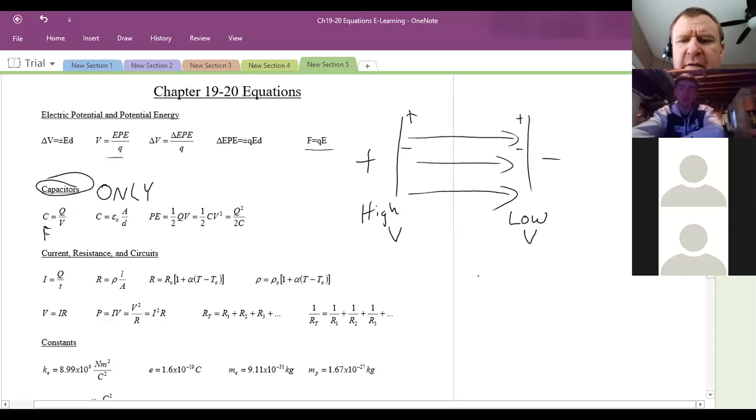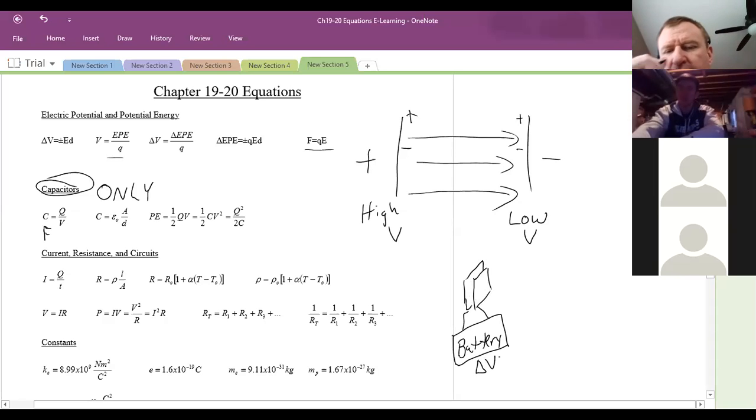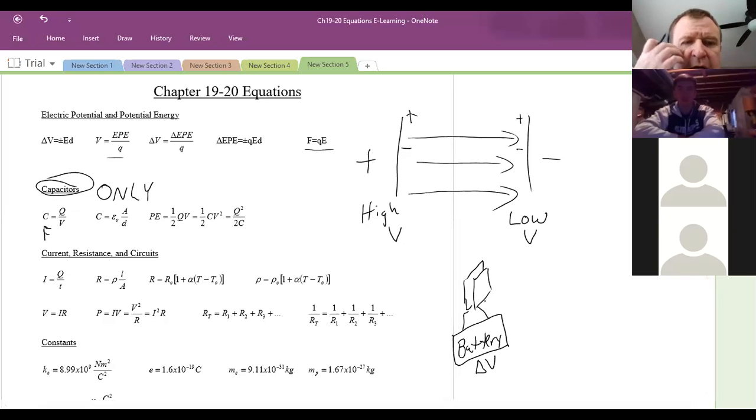If I can draw 2 parallel plates. When you charge these up, meaning you hook up a battery, which gives a potential difference across these plates, it's going to pull electrons off of one and onto the other. And then when we release them, we discharge the capacitor, and then it does whatever it needs to do.